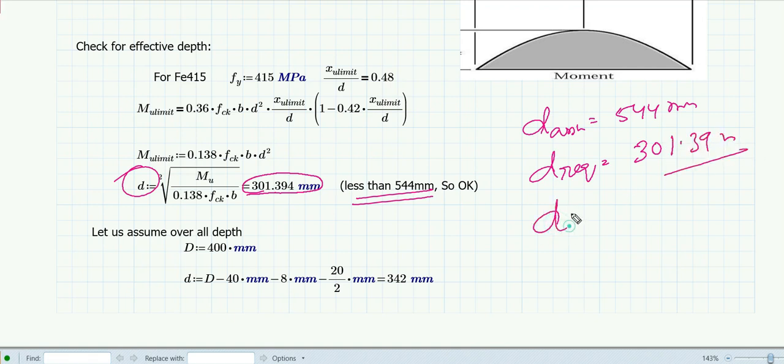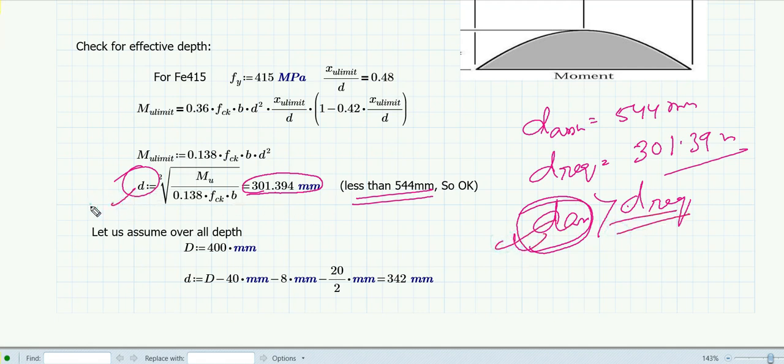So definitely D assumed is more than D required. That means whatever we have assumed is okay. It has passed the test. If you consider the condition of max mu limit for the effective depth, it is coming 301, so it is definitely less than what we have assumed, so it has passed the test.